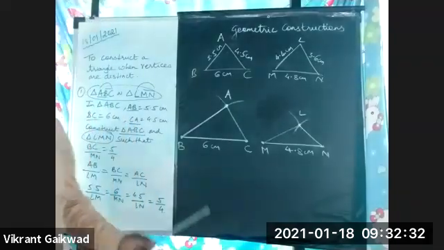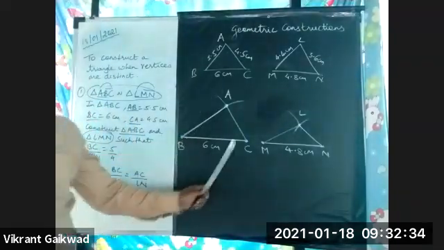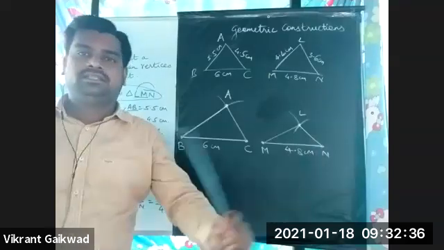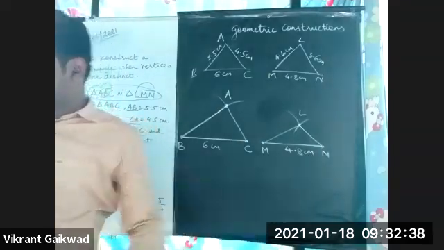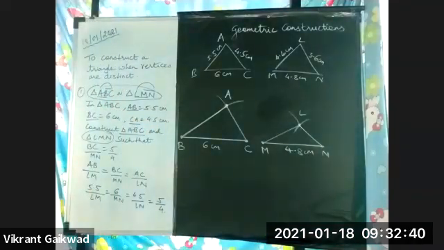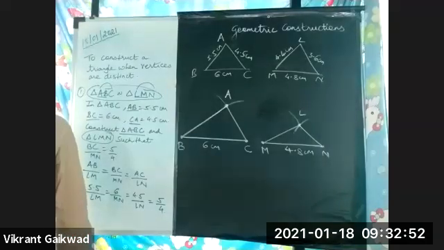So I've got triangle ABC and triangle LMN. The construction is over. You can remove the screenshot of this.